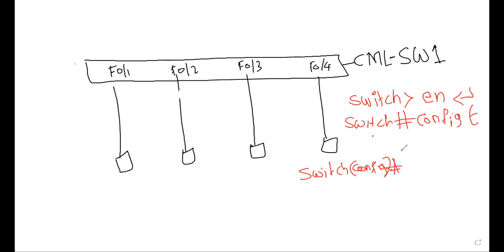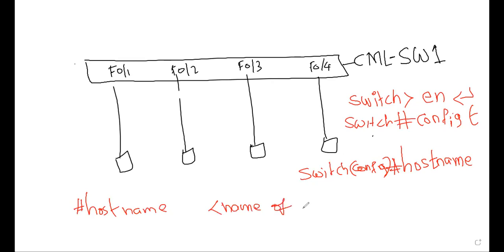There you need to put the command HO, the shortcut, or you can put the complete name called hostname, then the switch name. So let's say hostname space name of the switch. This is the syntax.